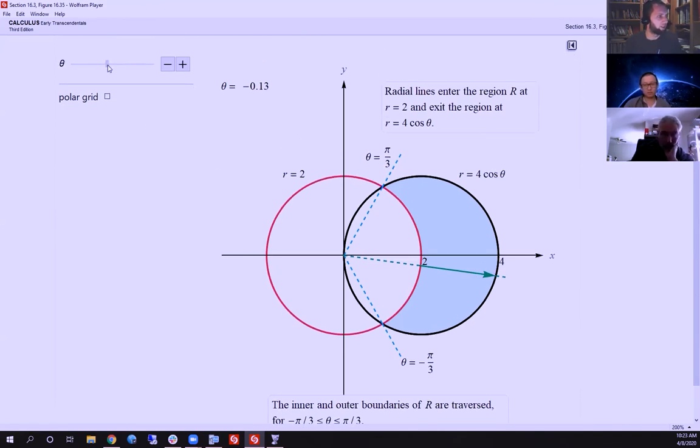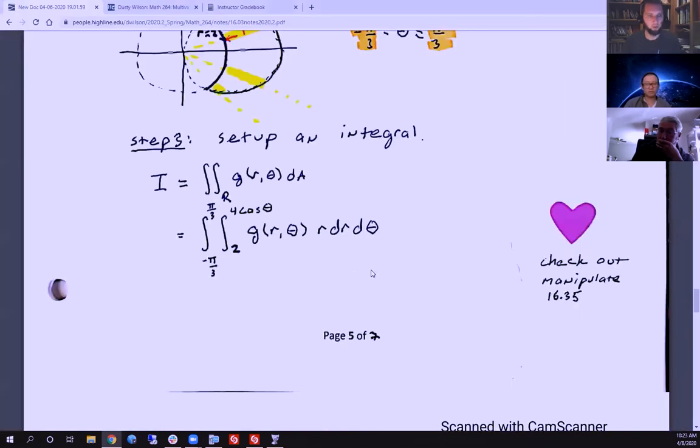Sometimes it's hard to visualize, but at negative pi over 3 is that exact intersection point. And as long as we're between negative pi over 3 and pi over 3, we're only grabbing the stuff that's inside this region, but outside the red circle. Questions? We're ready to go on.